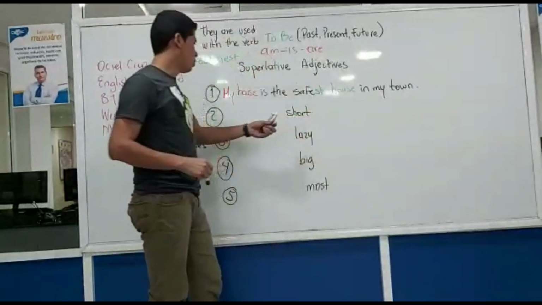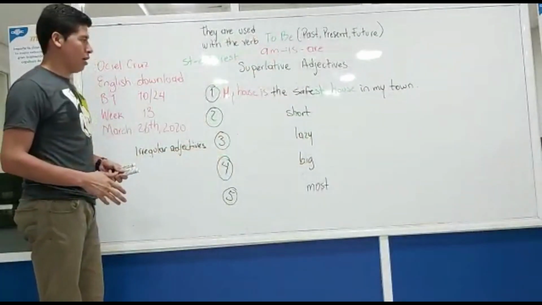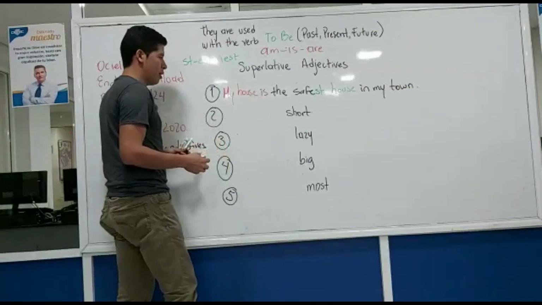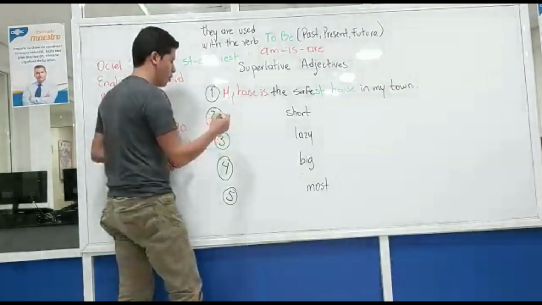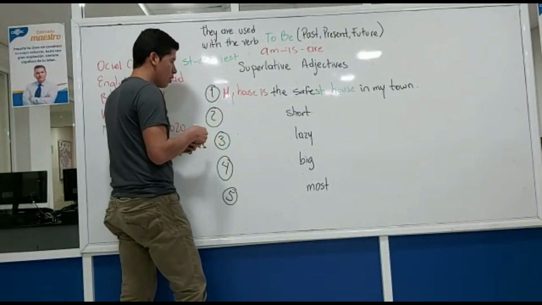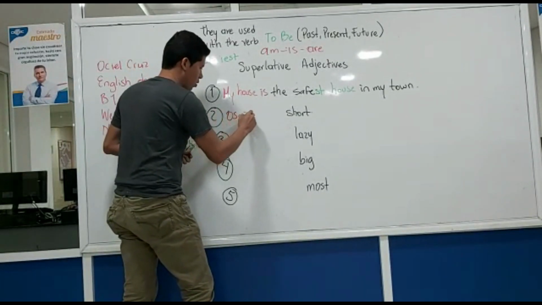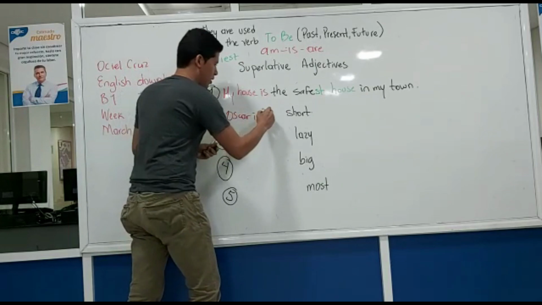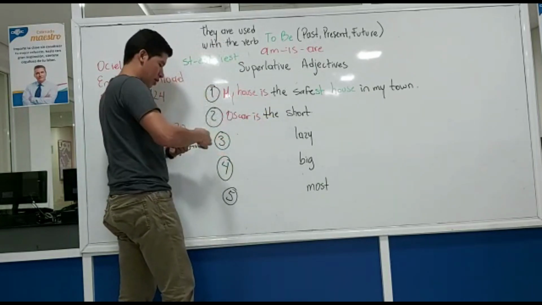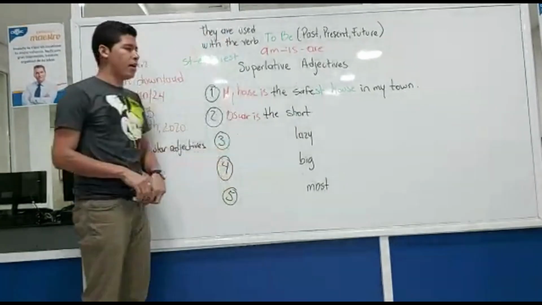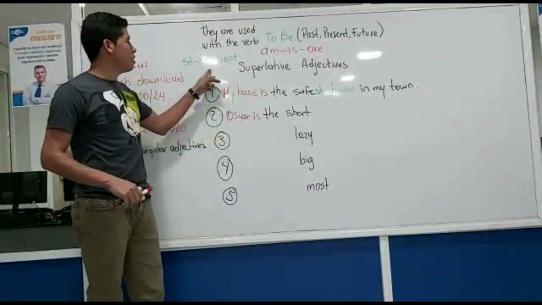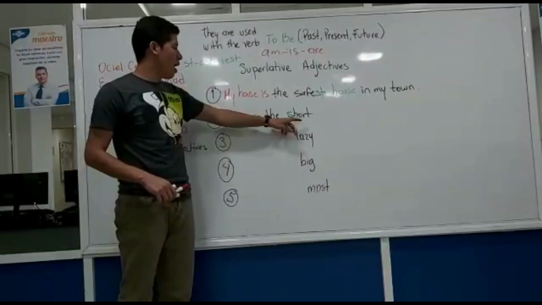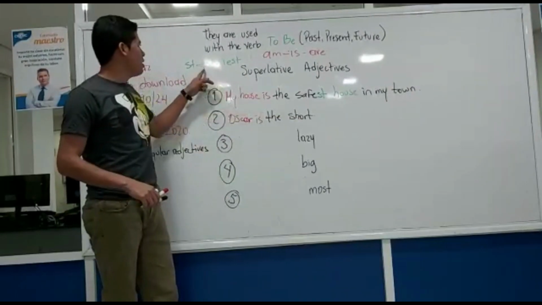Okay, so short. My little brother is the shortest brother in the family. My little brother, his name is Oscar. Oscar is the shortest. So in this part, with this adjective, I use est because this adjective ends in a consonant. When I use adjectives that end in a consonant, I use est.